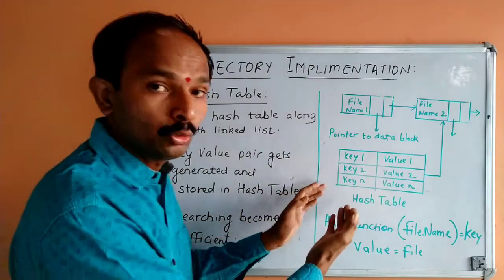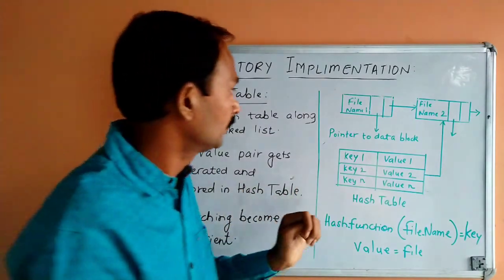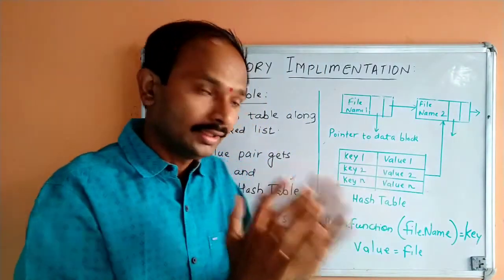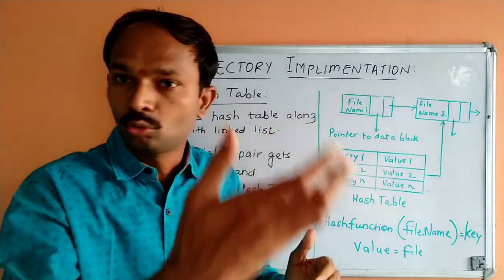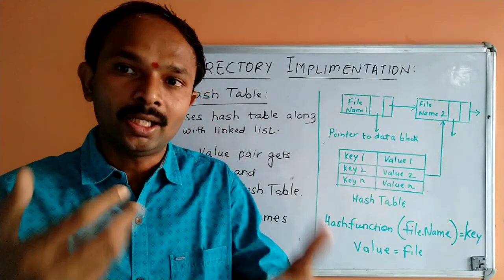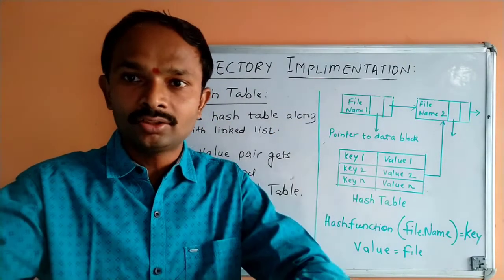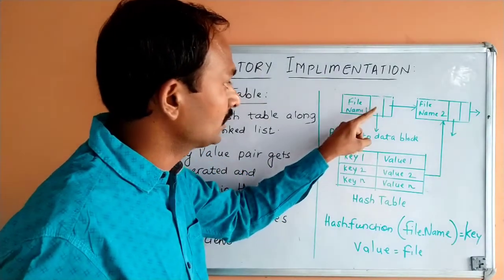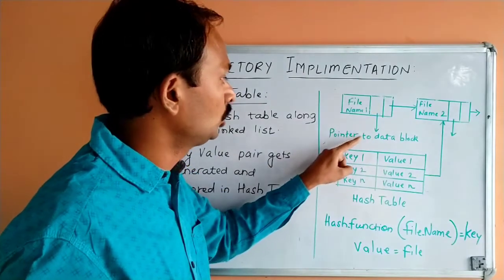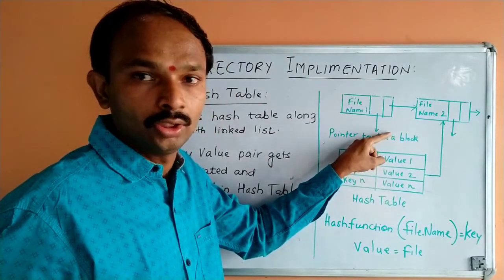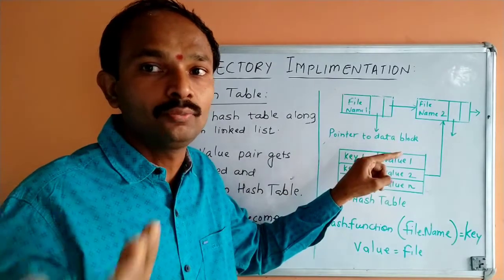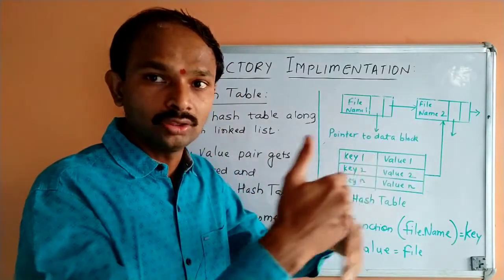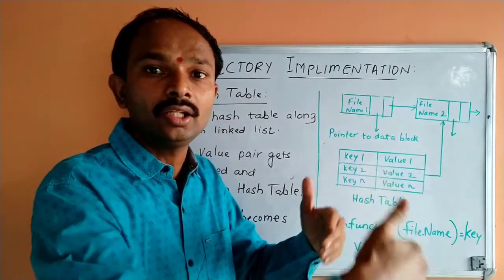In this diagram you can observe that we have a linear list of files. Each file contains the pointer to the data block, because inside the data block the actual data of the file is stored. Here only the file name is available, but the data of the file is inside the data block. So this is the pointer to the data block, and this block points towards the next file. They are maintained as a linear linked list.